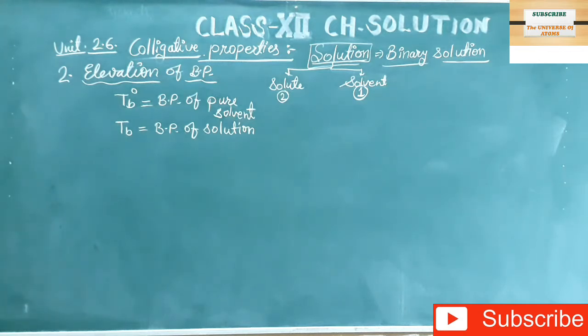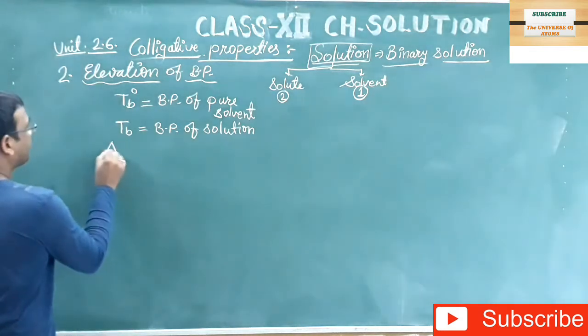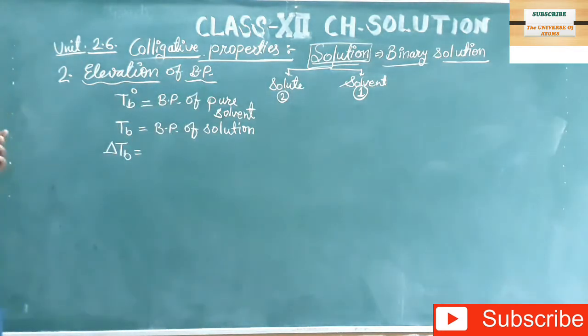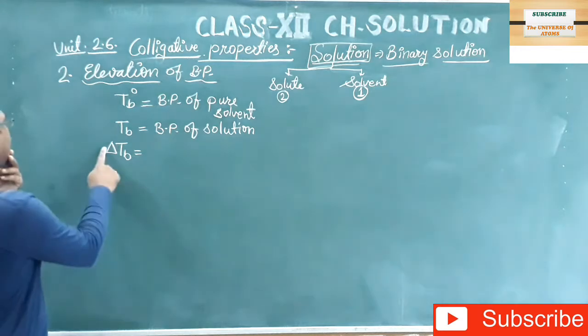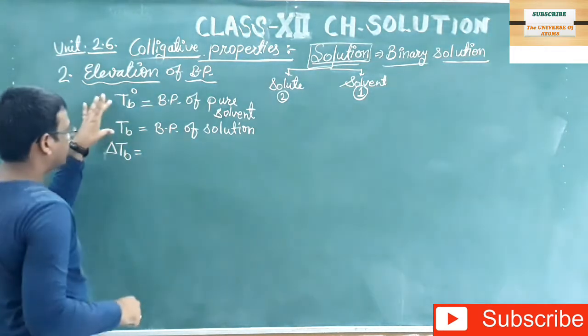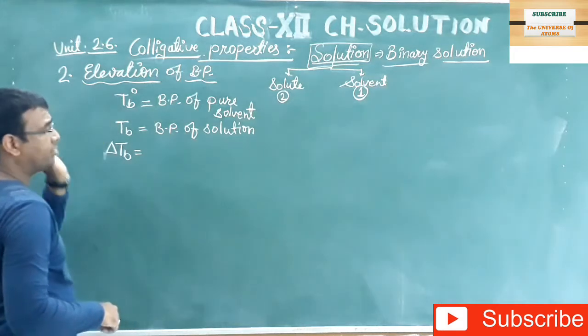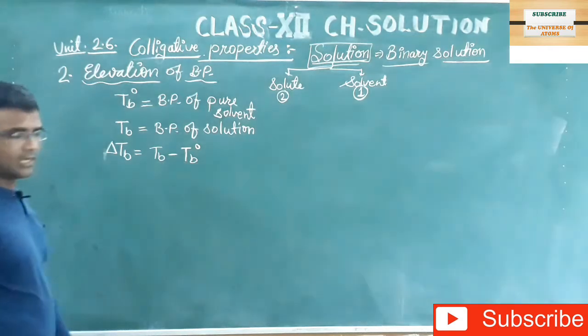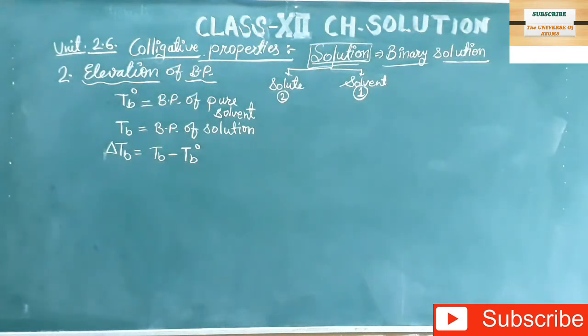The increase in the boiling point, delta TB equal to TB minus TB naught, is called elevation of boiling point. Delta TB is the elevation of boiling point, the change in boiling points. Now which one is greater here, TB or TB naught? Delta TB is equal to TB minus TB naught. This is called elevation of boiling point.